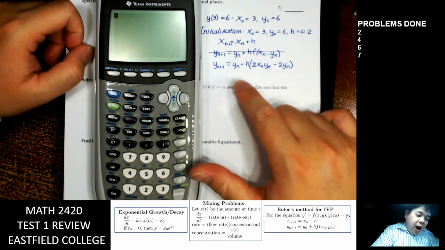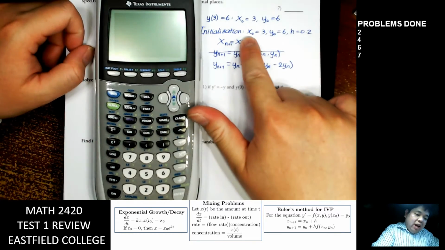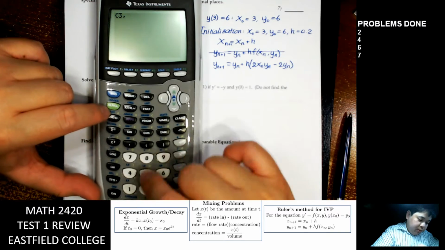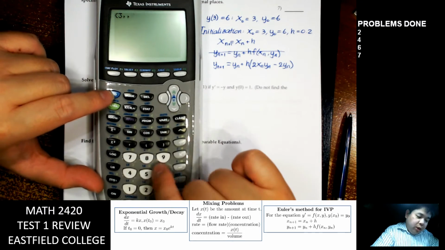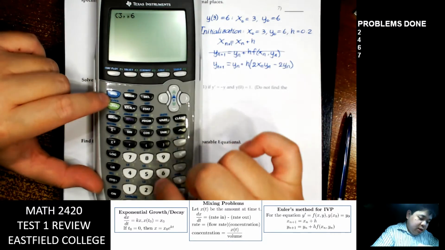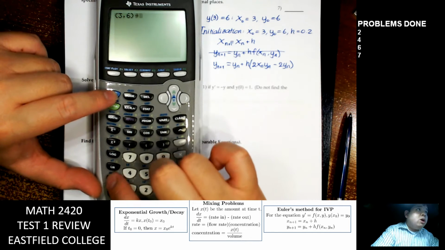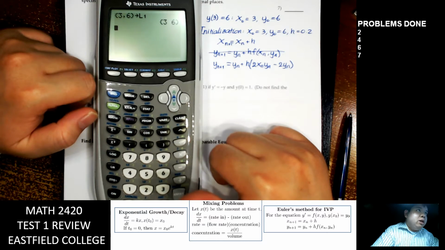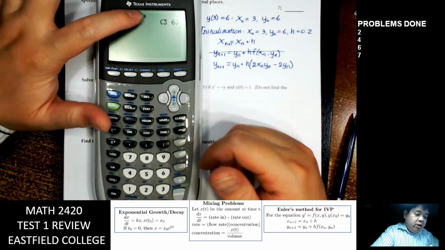Right. Next we store x naught and y naught. We're going to store that into a list, 3 and 6. We store that into list 1, so we hit second L1. So 3 and 6, that is the values of list 1.